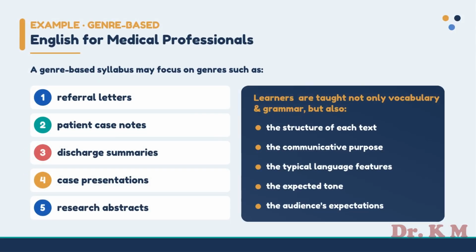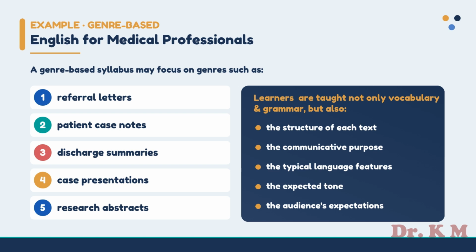Example of genre-based ESP. In English for medical professionals, a genre-based syllabus may focus on genres such as referral letters, patient case notes, discharge summaries, case presentations, and research abstracts.